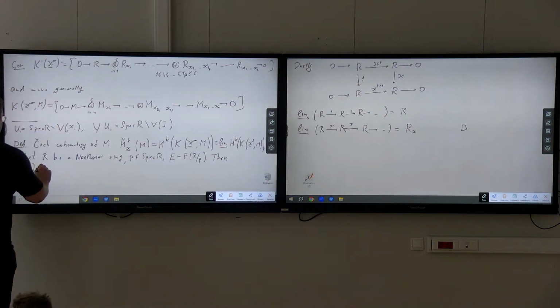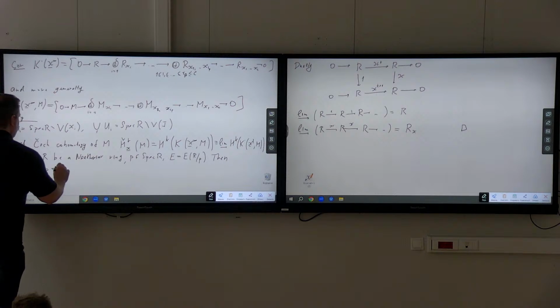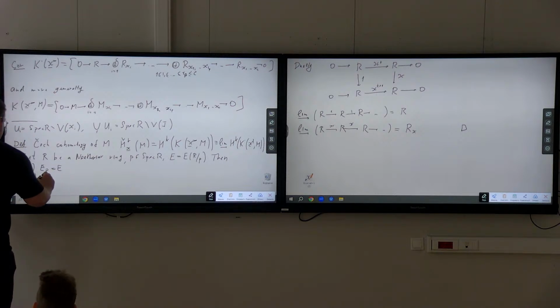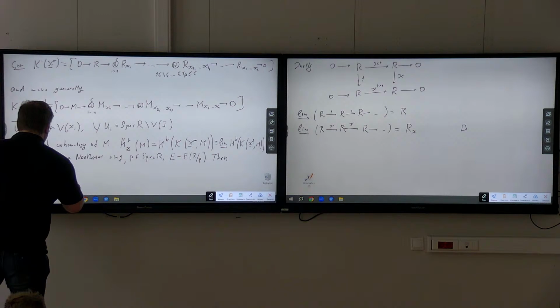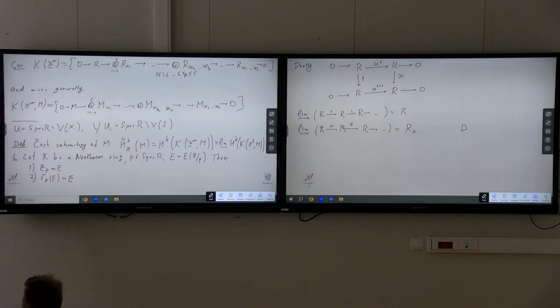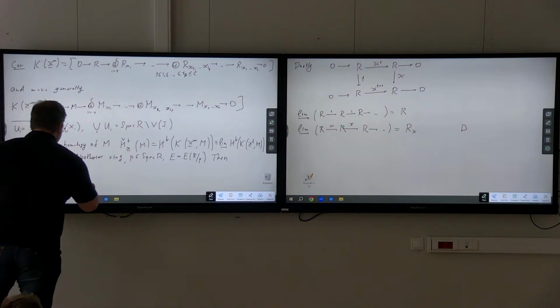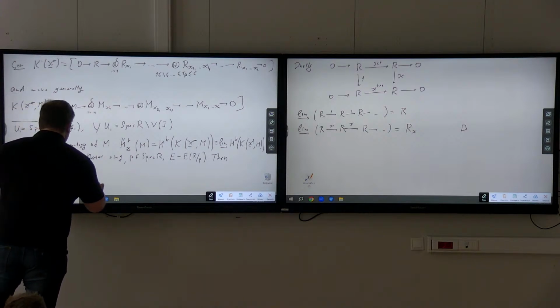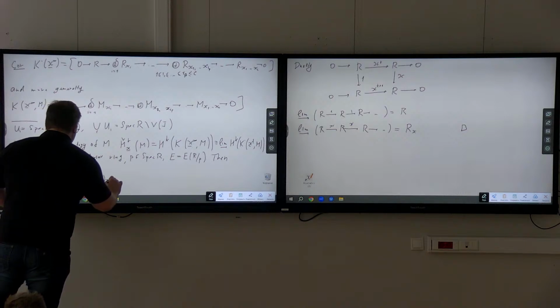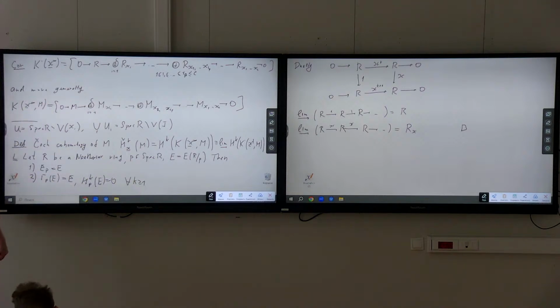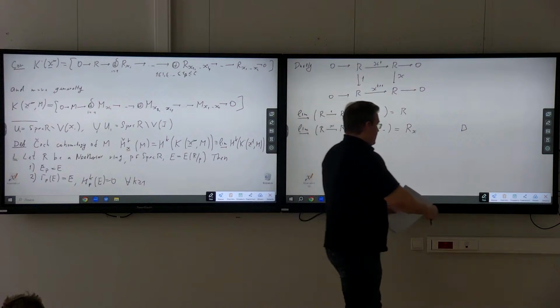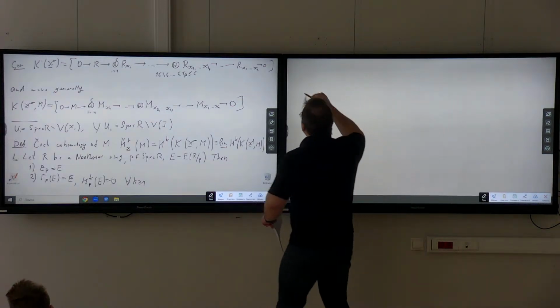First, if you localize this E, you still get E. And two, the zero local homology of this E for the ideal, which is the prime ideal P, is E, and the higher local homologies are all zero. Okay, so this is the lemma. So let's prove this.